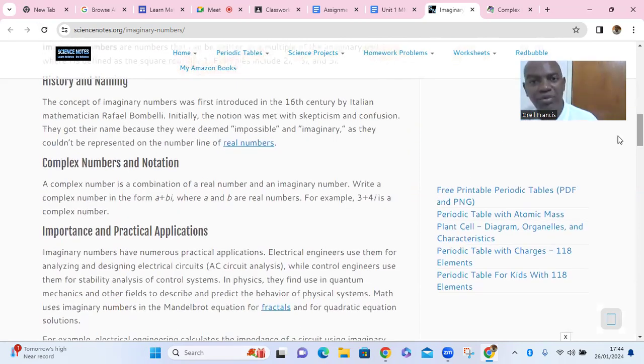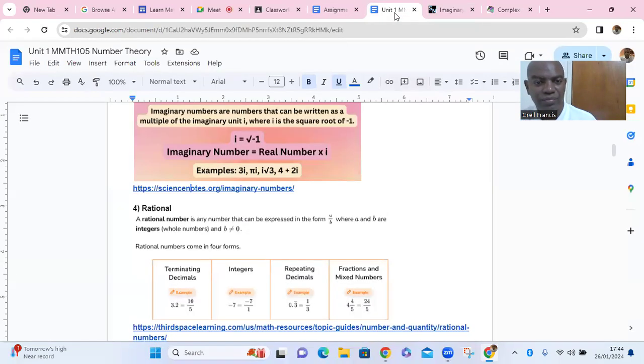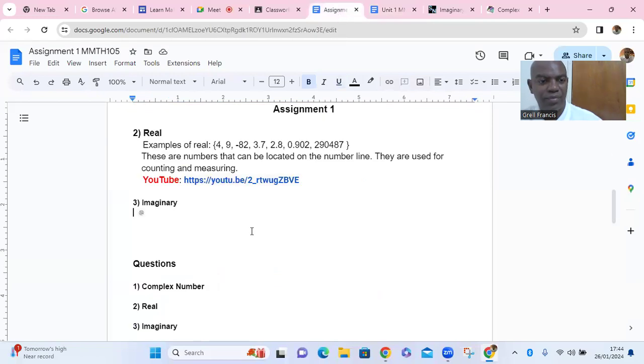So for example, imaginary numbers. We can have i, the letter i must be there, and most times it's not in italics.